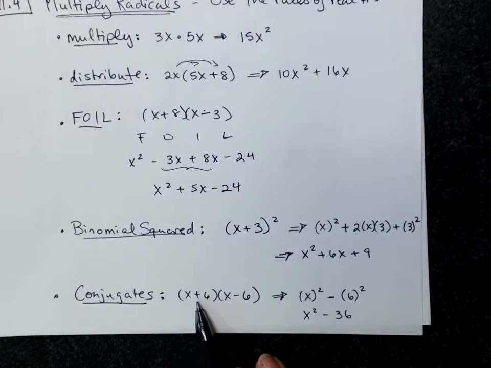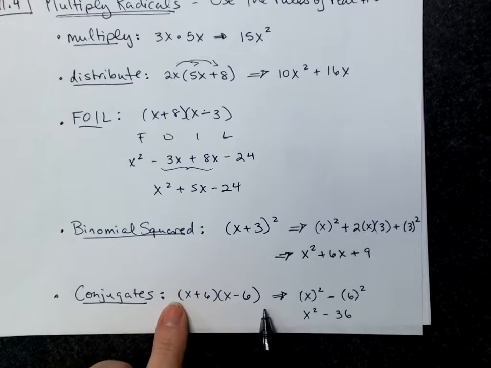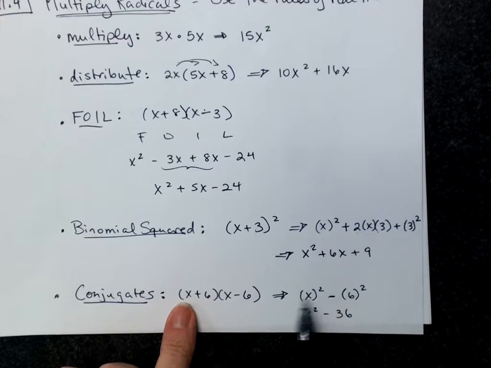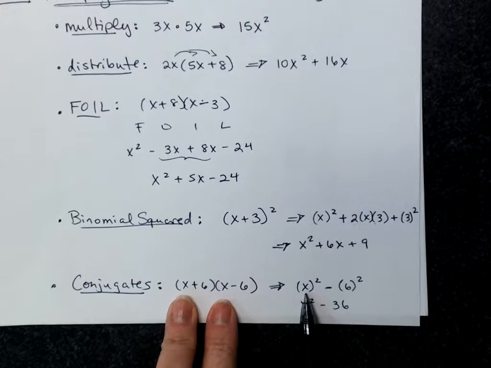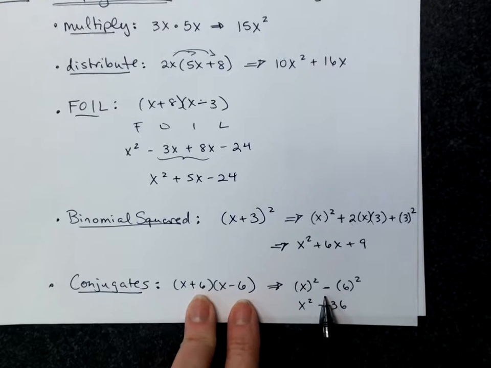Conjugates, really useful tool here. Conjugates, remember, if you FOIL this, the O and the I, the middle terms, cancel out. One's positive, one's negative. So when you multiply conjugates, you end up with a difference of squares. So the pattern is, you know the O and the I are canceling out. You've just got your first term squared, always minus because those are mixed signs, your last term squared.